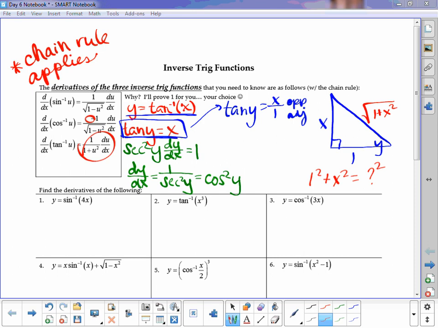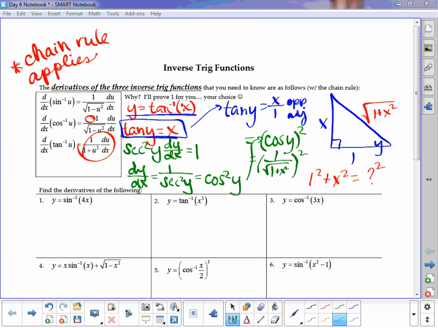Okay. So now I can do cosine. You know, let's go up a little bit here. Cosine squared of y is just cosine of y quantity squared. Okay. So now when I take a look at my triangle, what is cosine of y? 1 over the square root of 1 plus x squared.